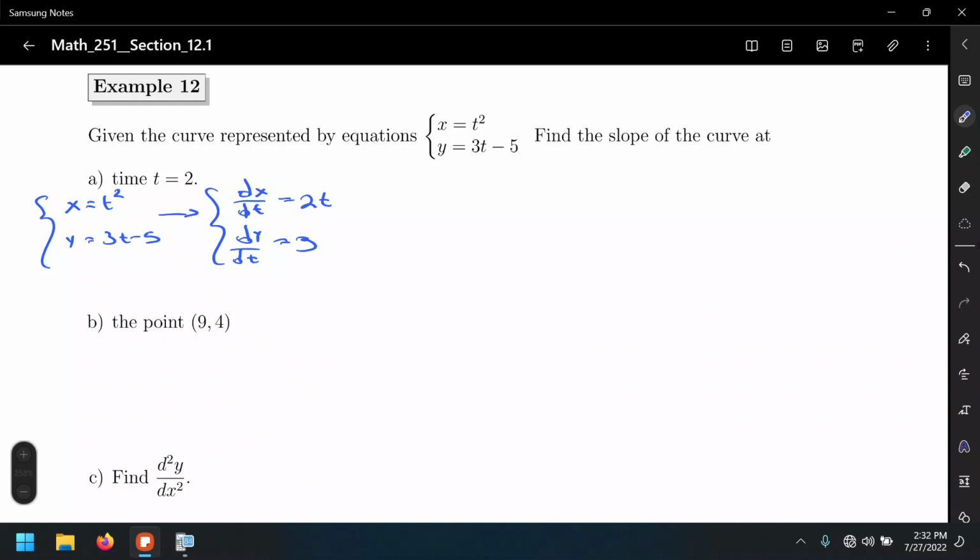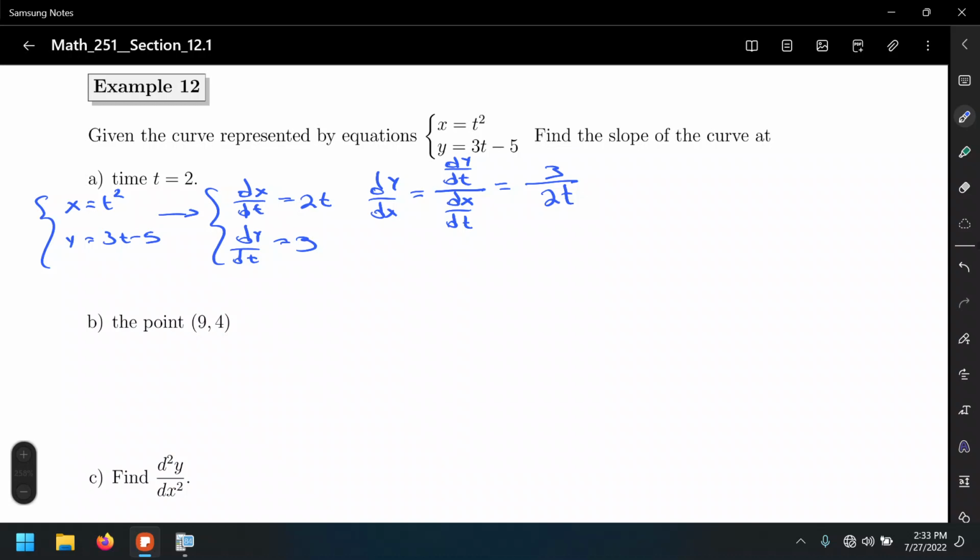Setting up the derivative, dy dx is going to be dy dt, that is the derivative of the y equation, over the derivative of the x equation. For the derivative of the y equation, we got a 3, and for the derivative of the x equation, we got a 2t. All right?